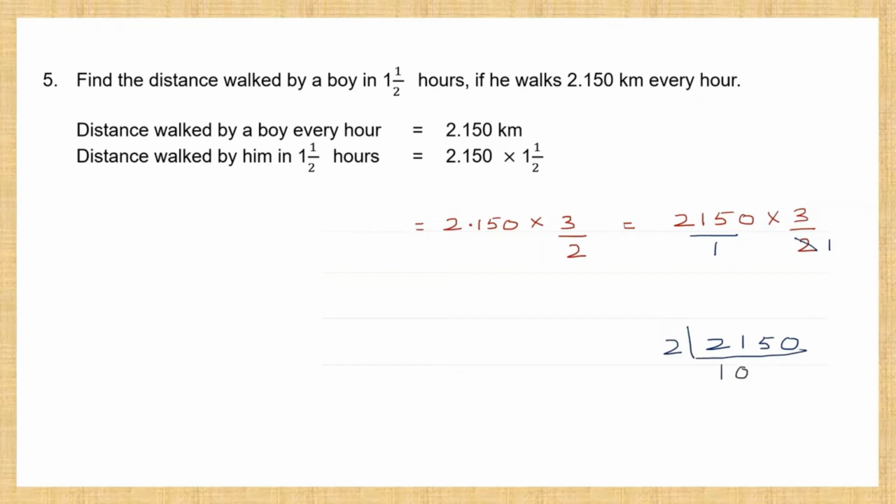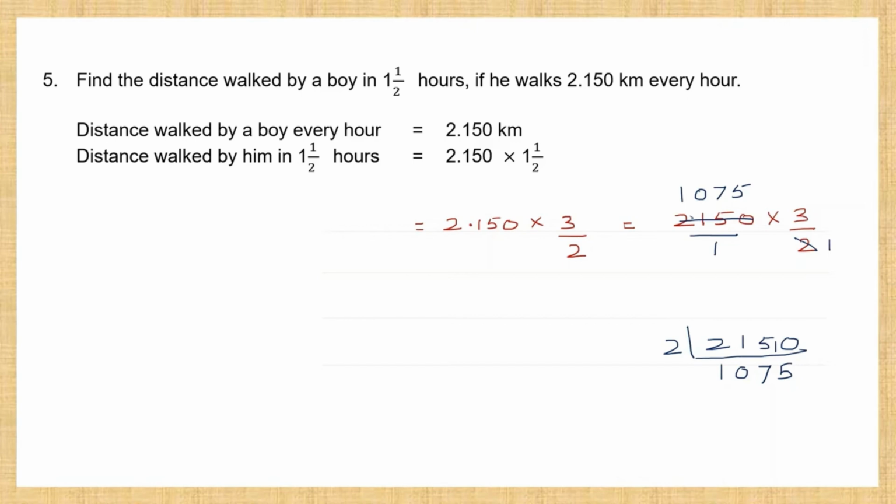So I take two numbers with it, 15. 2 sevens are 14. What is remaining? 1 becomes 10. 2 fives are 10. So I'm going to divide 2150 by 2. When I do that, I get 1075. So can you see the denominator 2? I've cancelled it and made it 1.